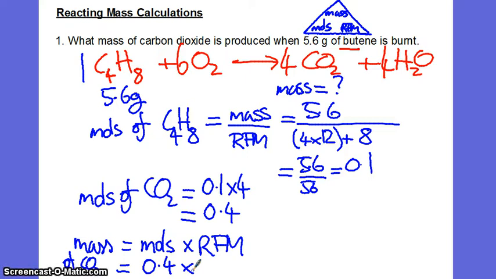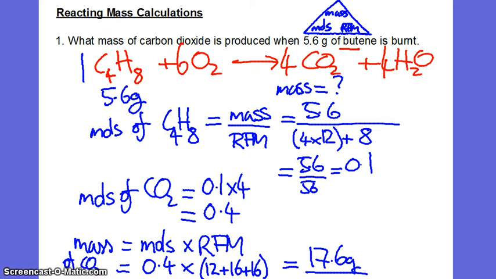So you need to get your periodic table out, have a look at the atomic masses of carbon and oxygen. Carbon is 12, oxygen is 16, but we've got two oxygens, so it's 16 plus 16. And if I work that out, okay, that whole calculation would give me 17.6 grams. And that would be your final answer.